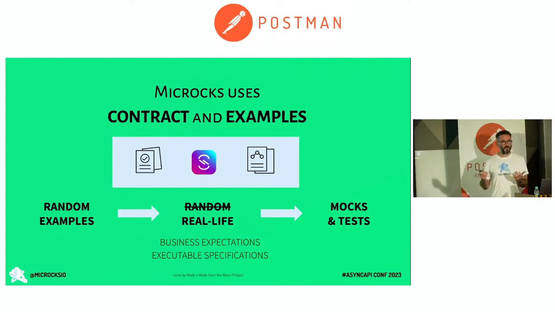So luckily, in AsyncAPI, we have examples. I was one of the contributors who introduced examples in AsyncAPI specs, and that's a kind of artifact we can directly leverage in Microcks, plus some other artifacts we'll see later in the demonstration.